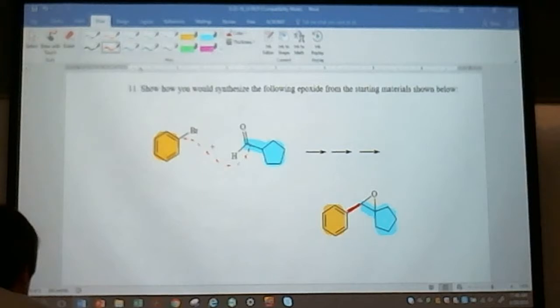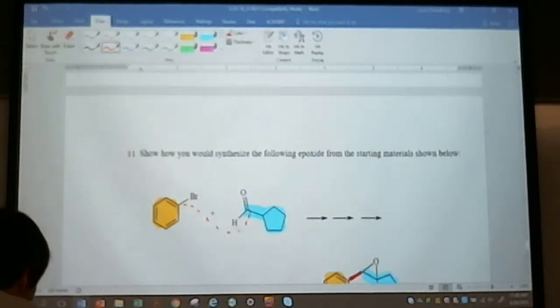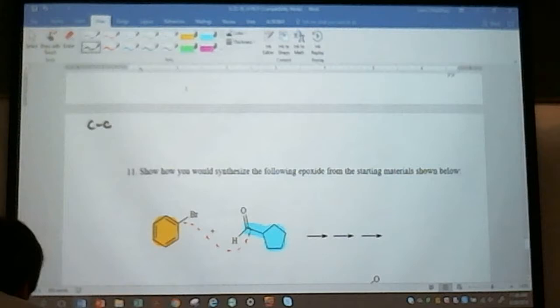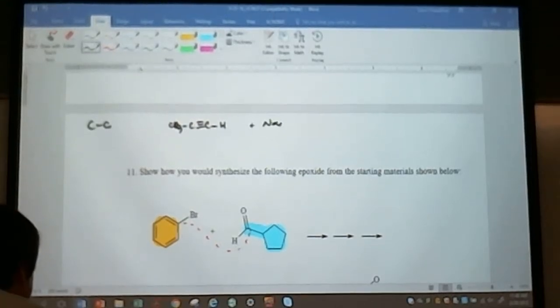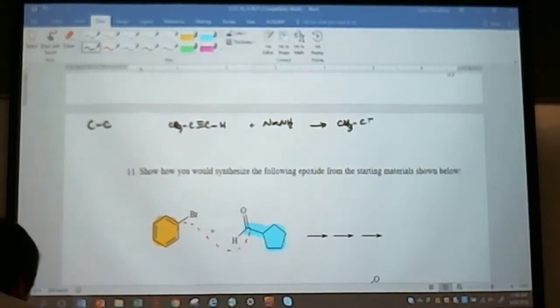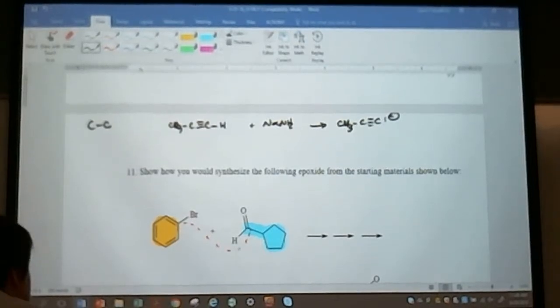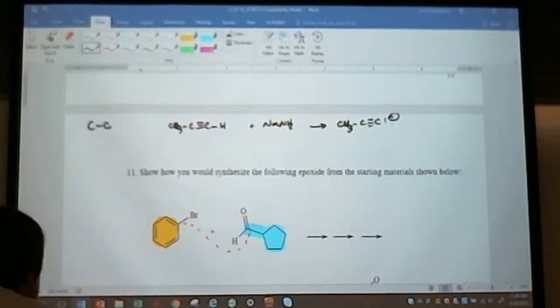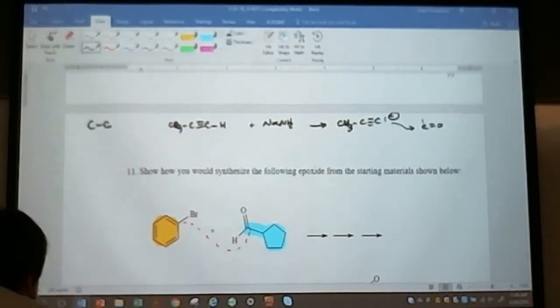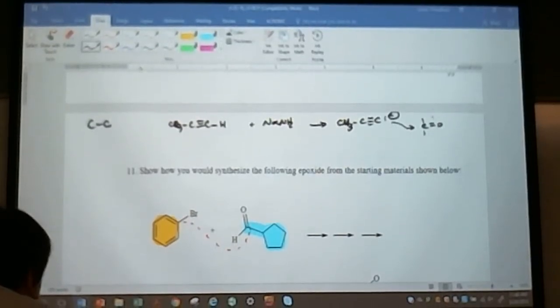Right now, you know two ways of making a carbon-carbon bond. One was if you had some sort of terminal alkyne, we came in with a strong base from the alkoxide ion, the alkynyl anion, and this was a nucleophile which could then go ahead and attack, let's say, a carbonyl in this case, to give an alkoxide.